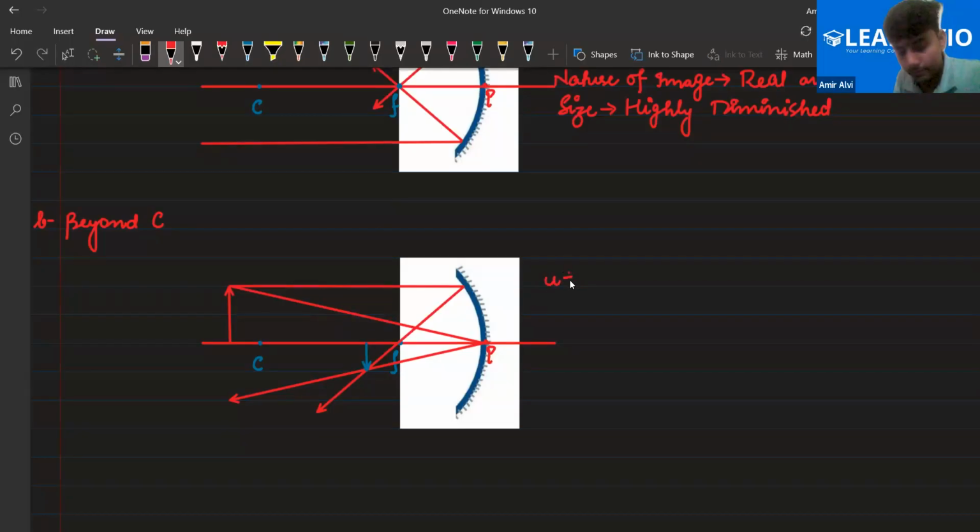So let's discuss that. What is u over here? Where is the image forming, everyone, could you please tell me?